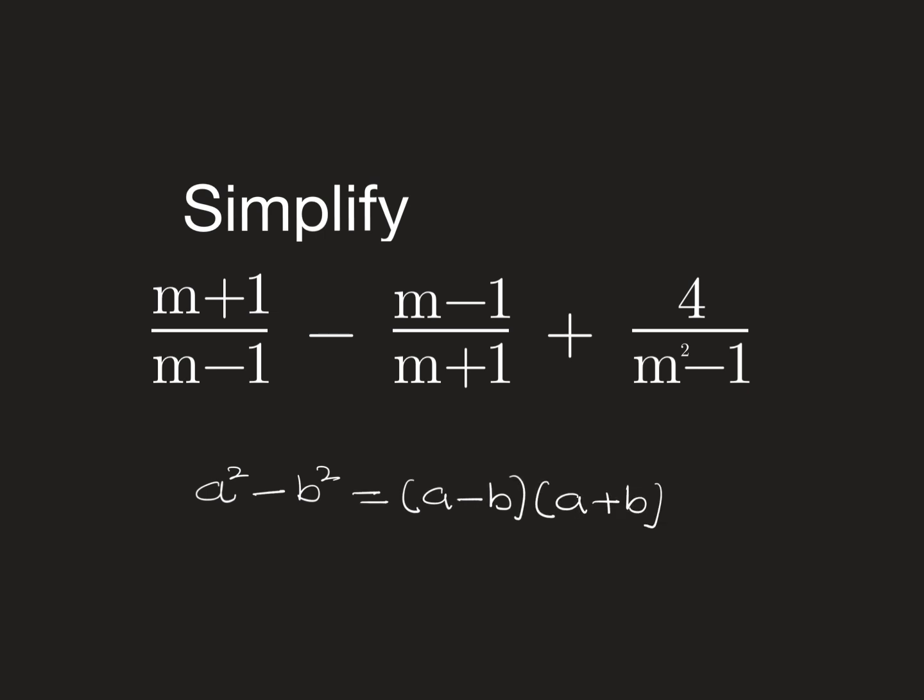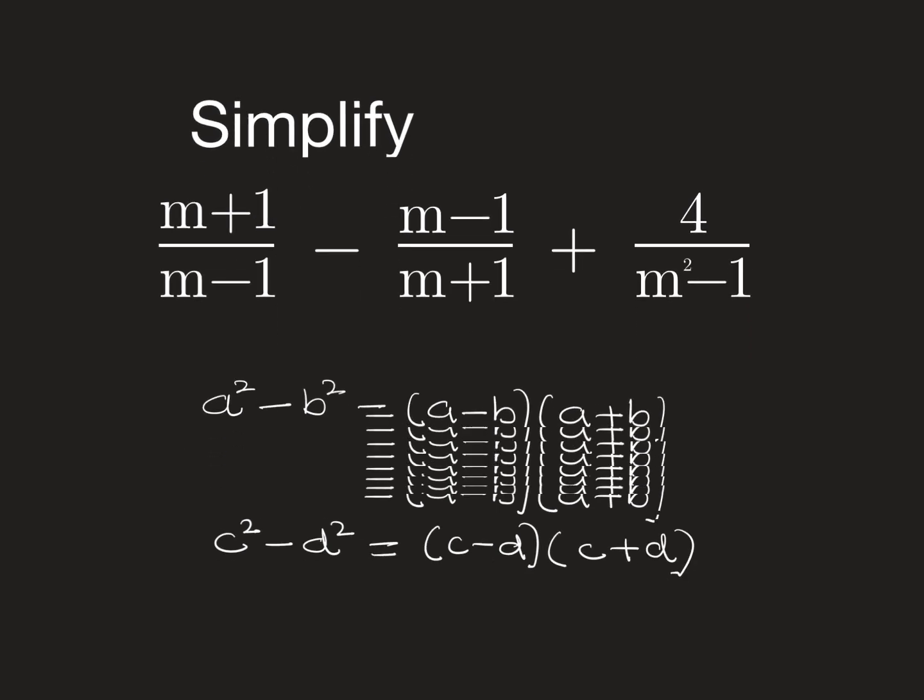This is how you simplify difference of two squares. So if I have c squared minus d squared, this will be c minus d into c plus d, right?